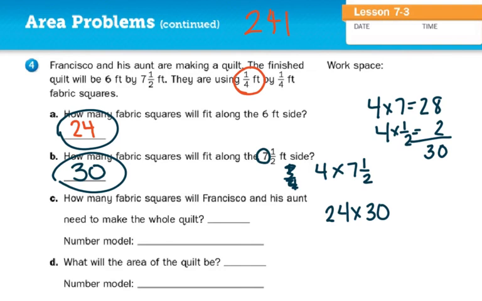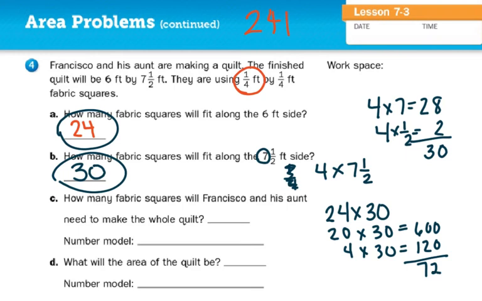Now, if I wanted to do that in my head, I could think of this as 20 times 30 and 4 times 30, which is the same thing. 20 times 30 is 600. 4 times 3 is 12 with 1 zero behind it. So he will need 720 squares. Our number model is 24 times 30 equals 720.